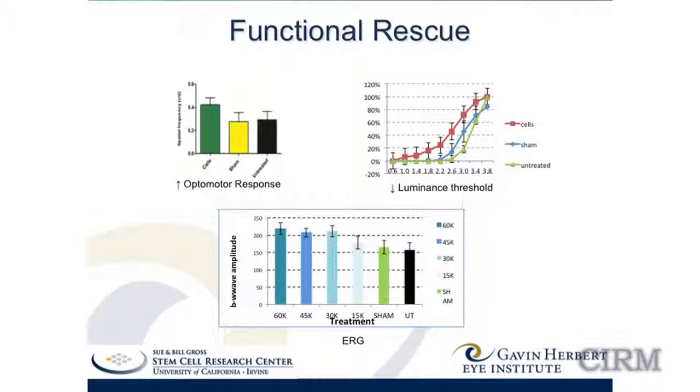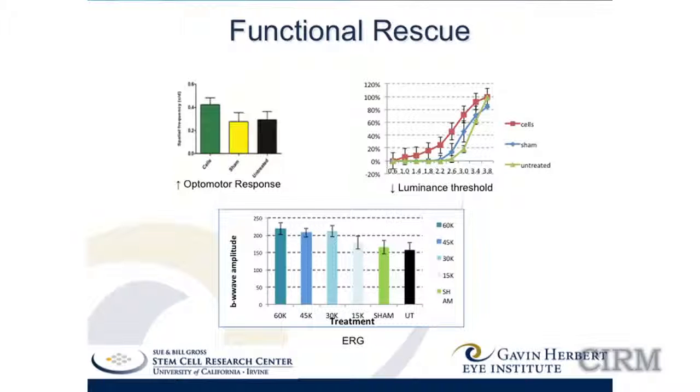But the behavioral tests aren't really that definitive, and so we like to do electrophysiology, in which case we actually put electrodes in the area of the eye to get actual recordings from the electrical circuits to make sure everything's really intact. So there's two different versions.